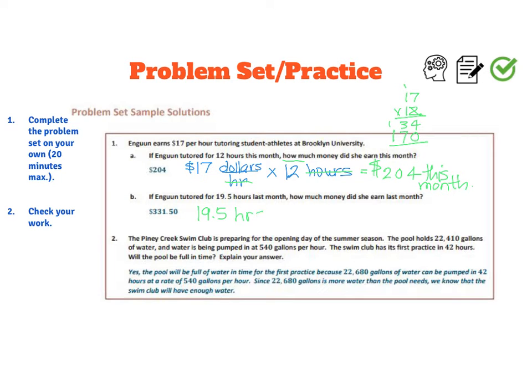And then that's times, remember, it's still 17 dollars per hour, right? So I'm going to cross cancel the hours, and now I've got space to do the 19 and a half times the 17.